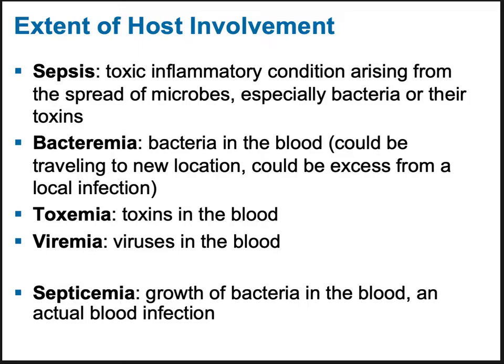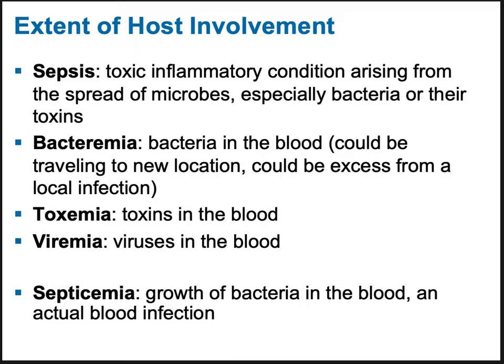Toxemia means there's toxins in the blood, and so this goes hand in hand with sepsis, for example, where there's LPS in the blood. But toxemia is more broad. It could be any toxin from any type of microbe. Okay, viremia, viruses in the blood, and septicemia means not only do you have bacteremia with bacteria in the blood, but they're actually growing in the blood.